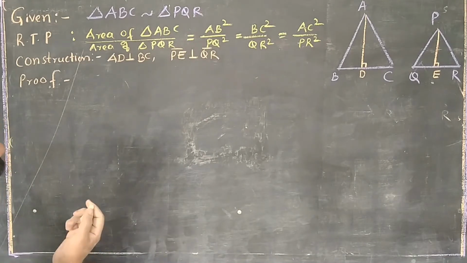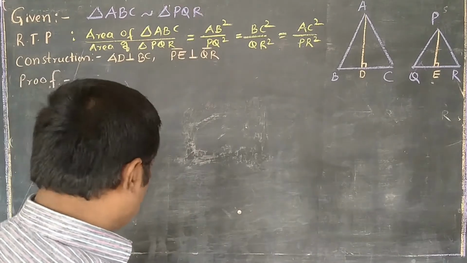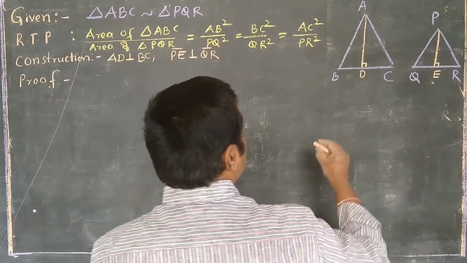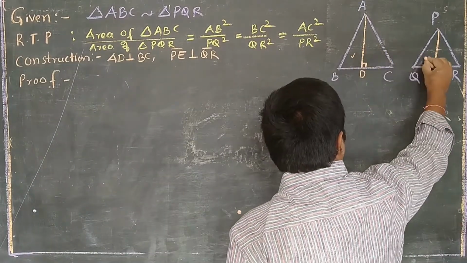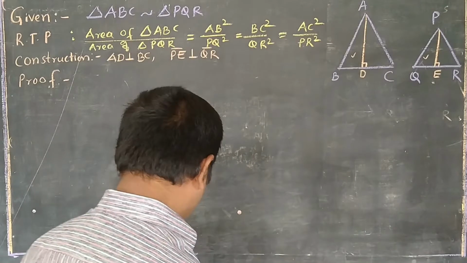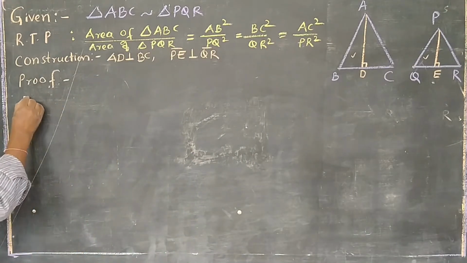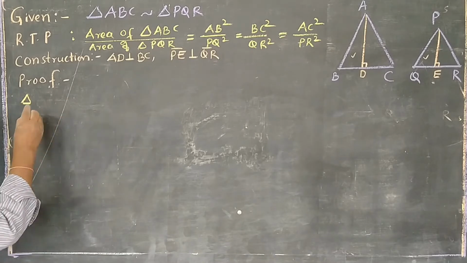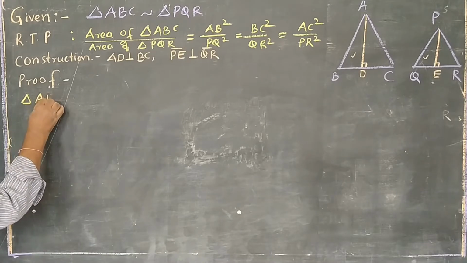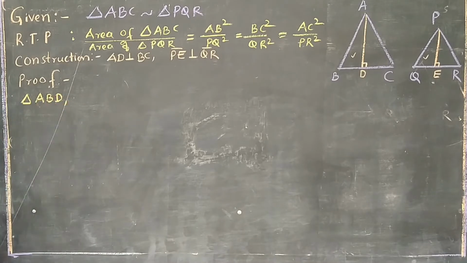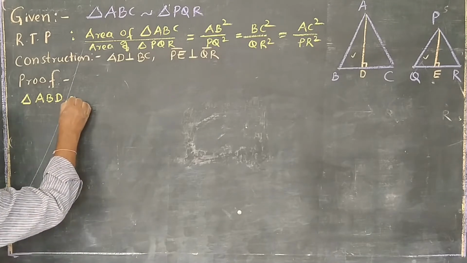Now the proof. Before I do the proof, first I am going to compare these two small triangles. See now, triangle ABD and triangle PQE.